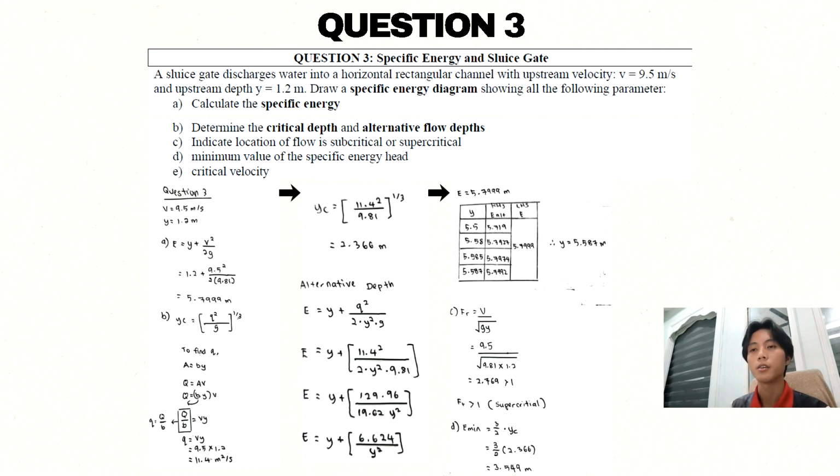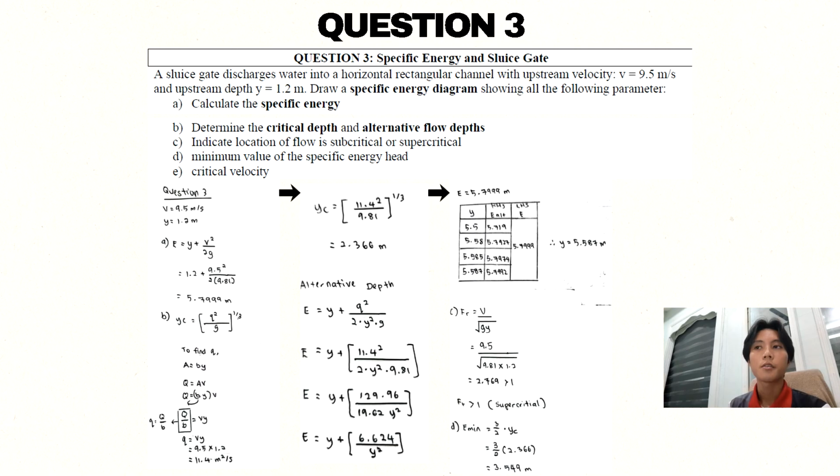So we will get the value equals 11.4 meter square per second. So we will use this answer to put in the previous formula. So we will get yc equals 11.4 square over 9.1 powered by 1 over 3. So we will get the answer 2.366 meters.